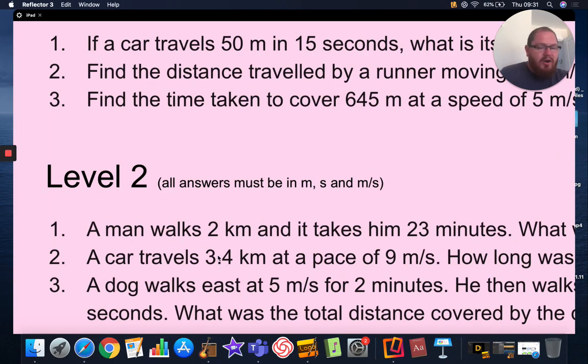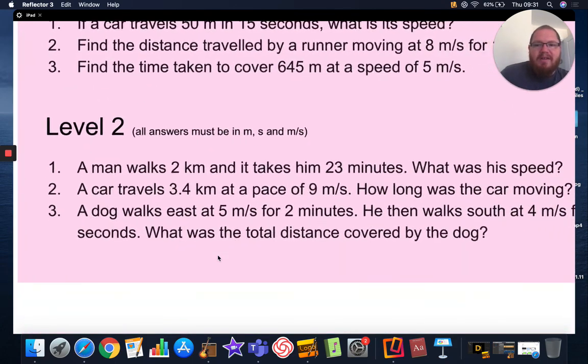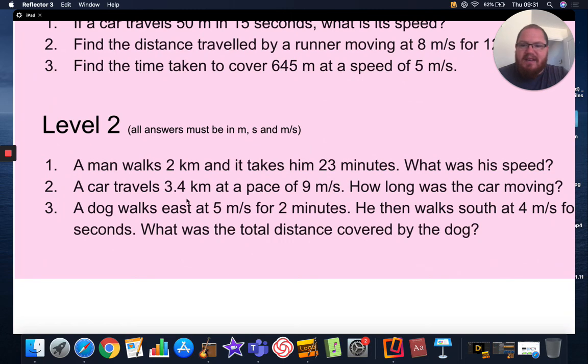It's level 2 because we're starting to deal with kilometers here. Now remember I said there are 1,000 meters in a kilometer. We're dealing with 23 minutes here. I need to get that to seconds. Remember, there are 60 seconds in 1 minute.